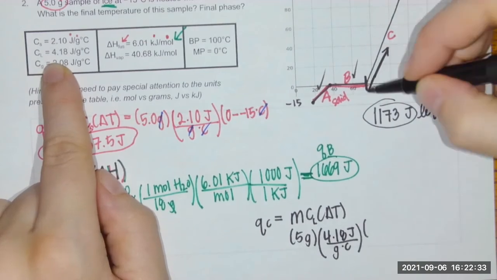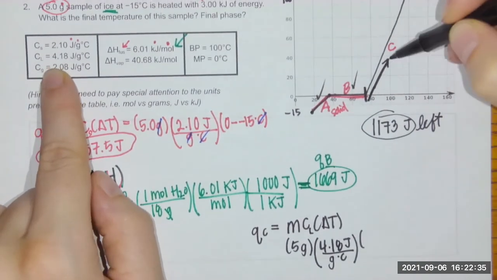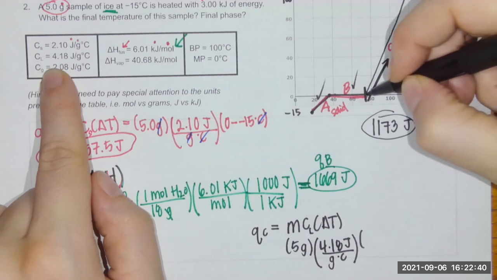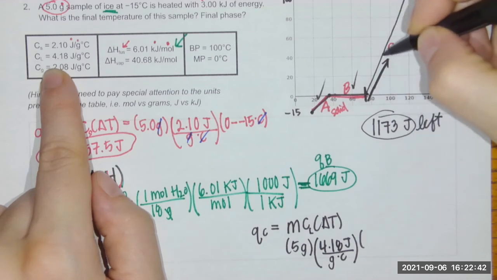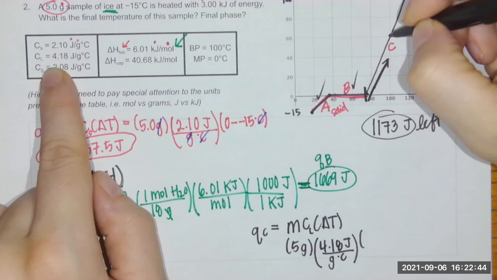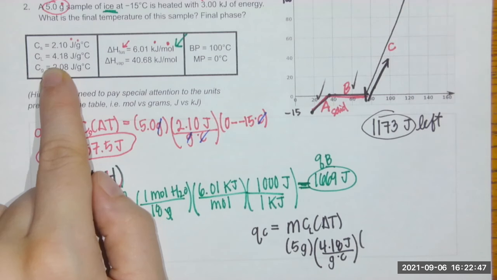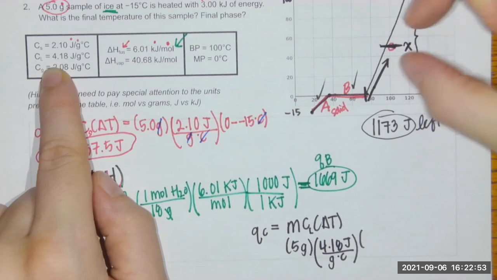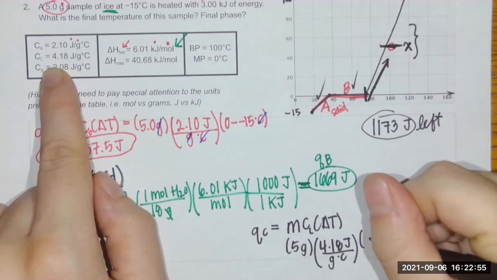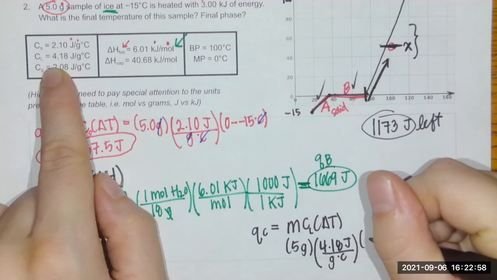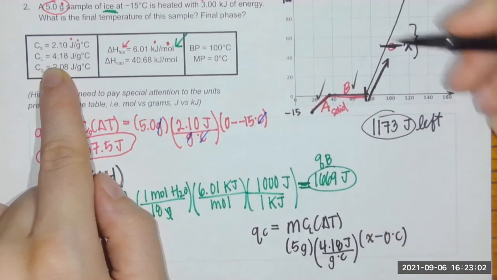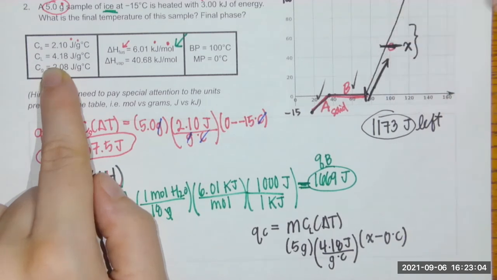And we don't know the change in temperature because we don't know how far up we're going to get. We do know we're starting at 0. So let's say we make it to, I don't know, probably halfway. We'll say this is X. We don't exactly know where X is, but it's somewhere. And we're going to make it to X minus 0 degrees Celsius, X up top, 0 on bottom.